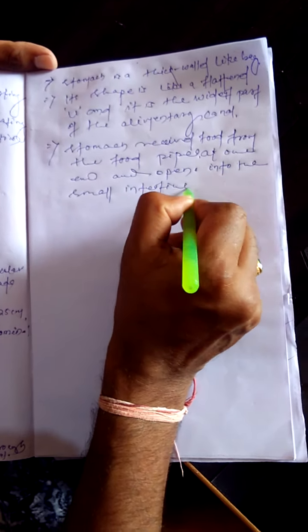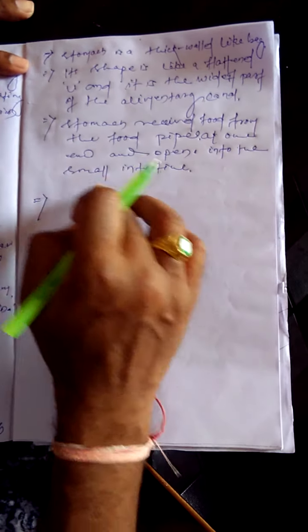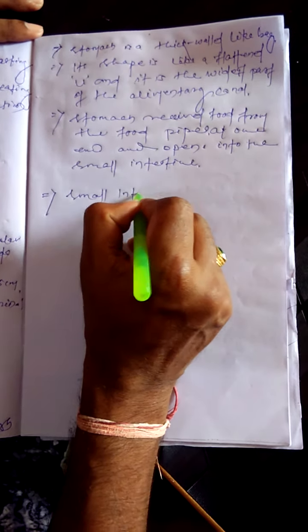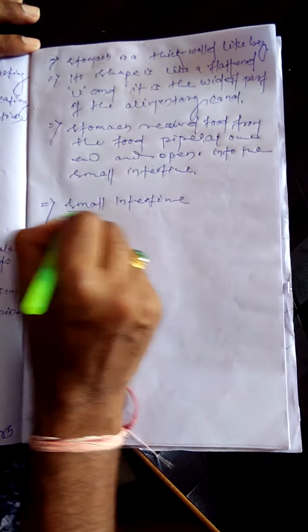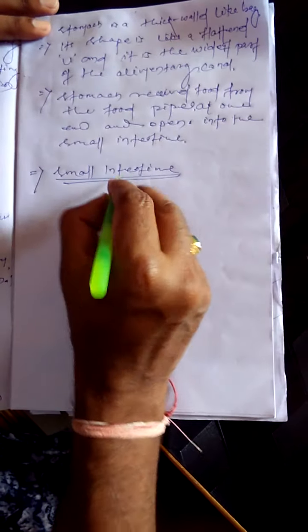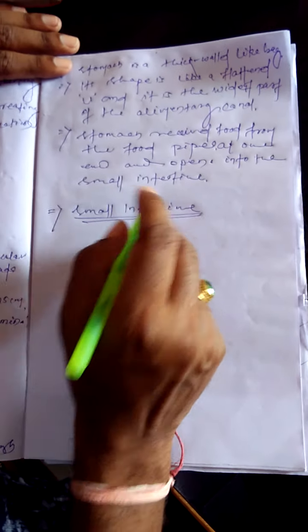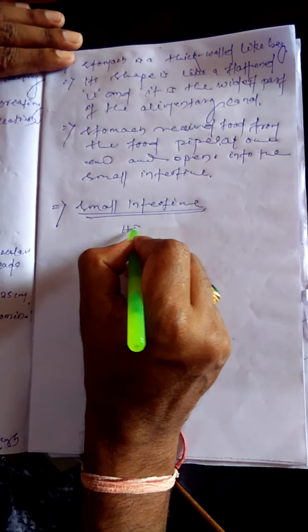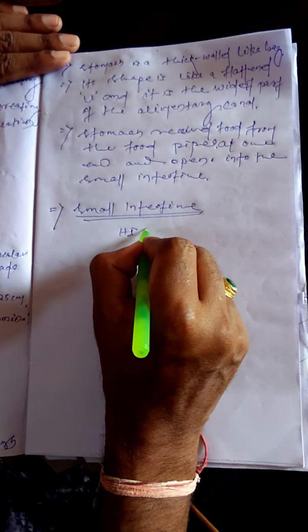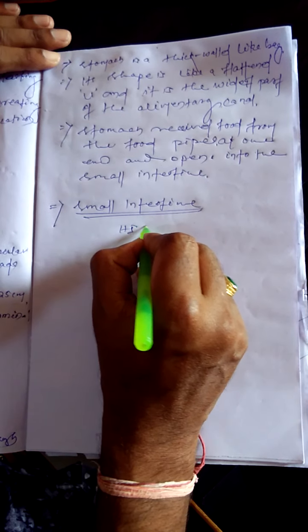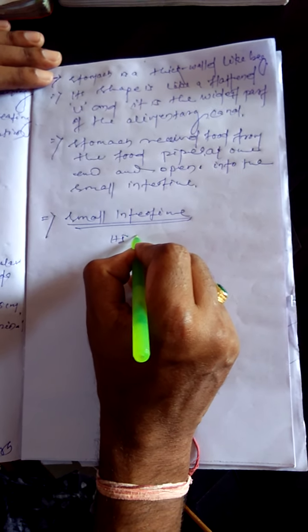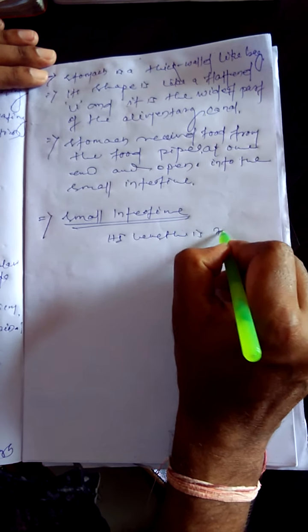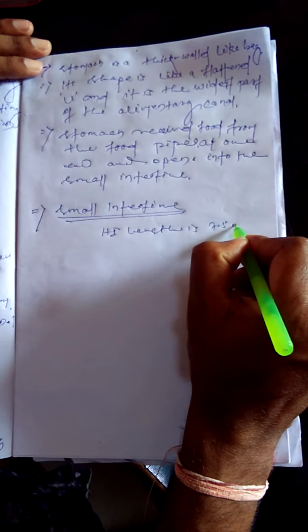So now we will discuss again the second point, that one is small intestine. Regarding small intestine, see here, its length is 7.5 meter.